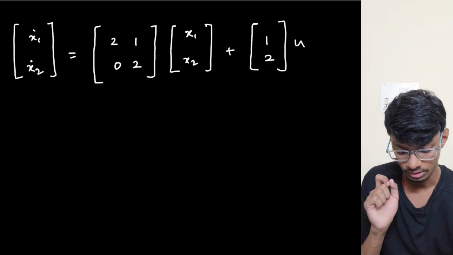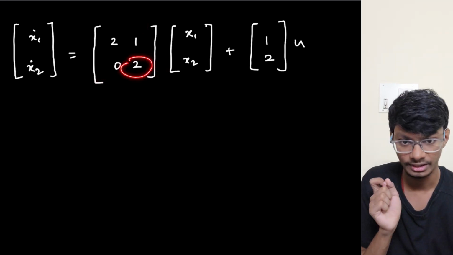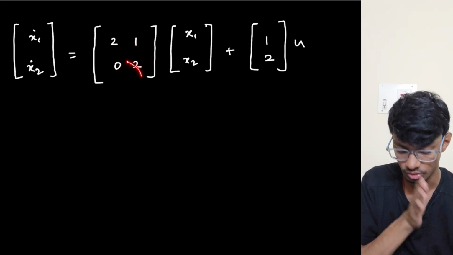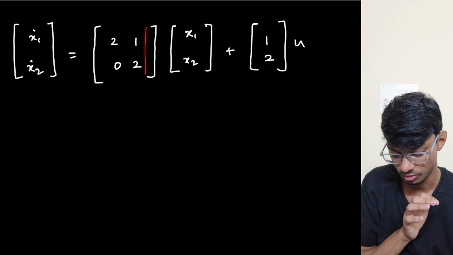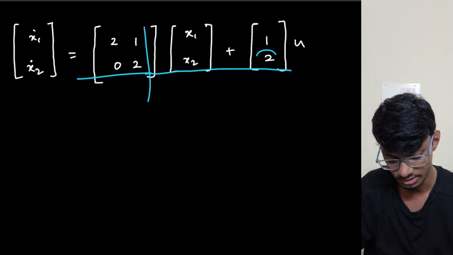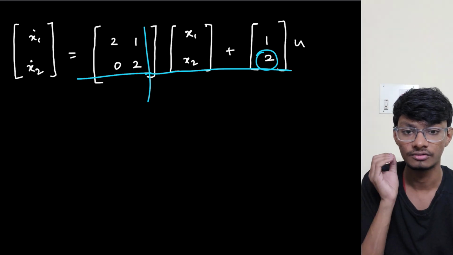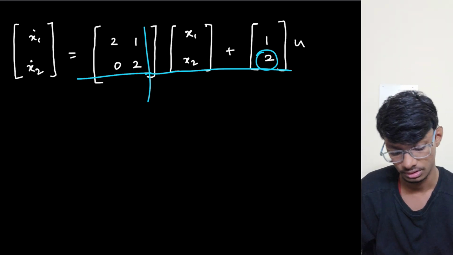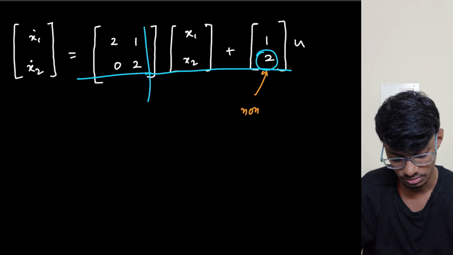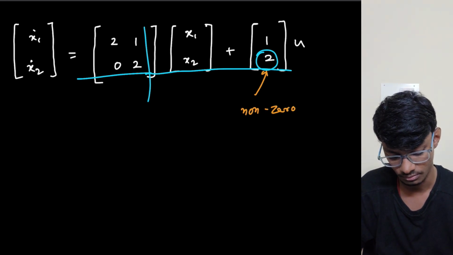I check whether the repeated eigenvalue has a 1 above it or not, so the Jordan block will continue. So I have only one Jordan block, and corresponding to the last row of the Jordan block, I have to check if the element of B is non-zero or not. It is non-zero, hence controllable.